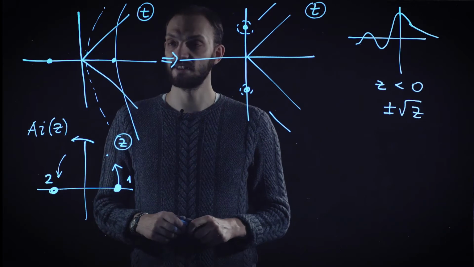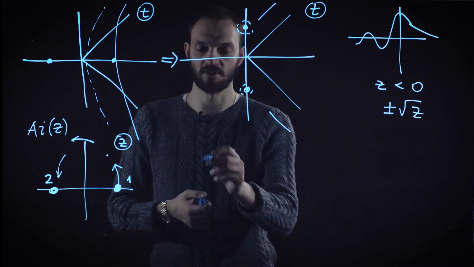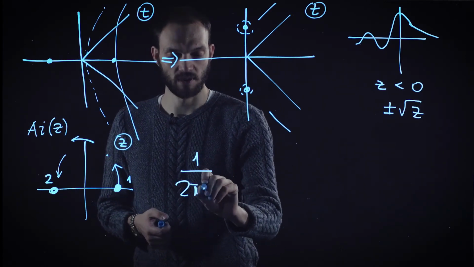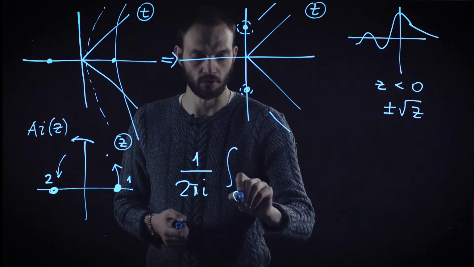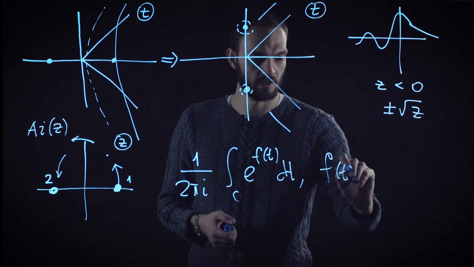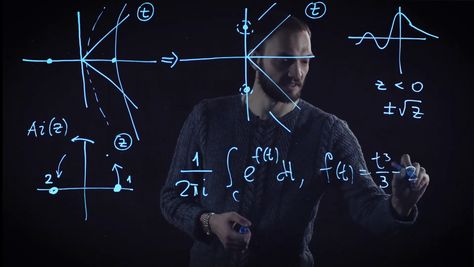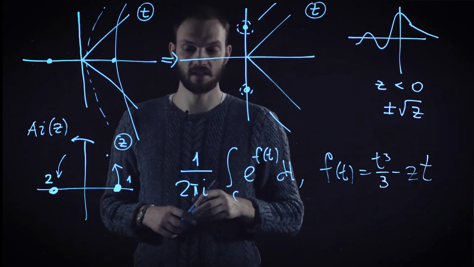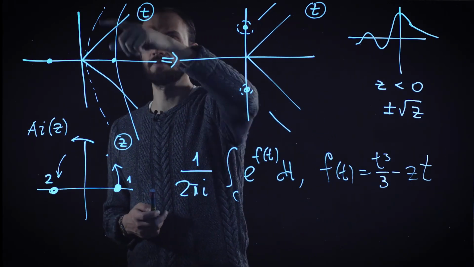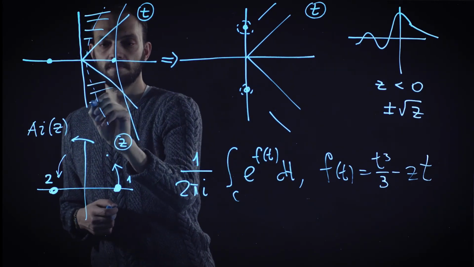And in order to proceed, let us briefly summarize the general logic of this procedure. The integral representation which we are dealing with is of the following form, where f of t is t cubed over 3 minus zt, and the integration contour is such that it ends up in these now shadowed domains.